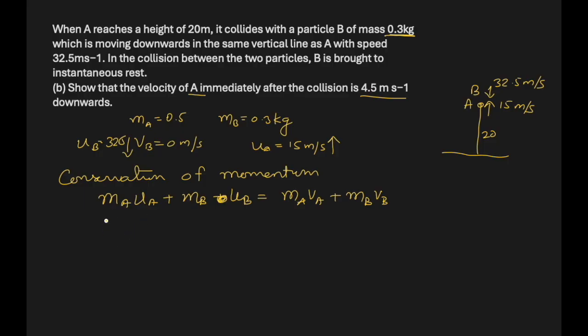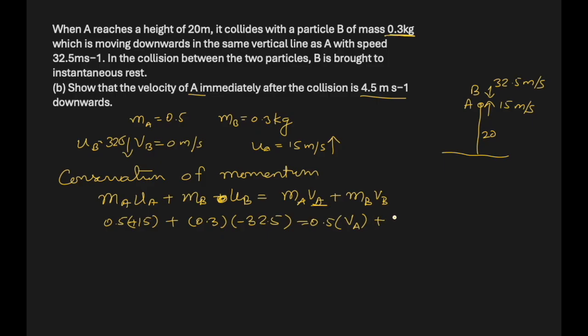So MA 0.5 times 15, it is going 15 upwards. So I'm taking upwards positive, keep in mind. Plus 0.3, but this is going down at 32.5 meters per second speed, equal to mass 0.5 times the velocity of A, which is being asked. We have to show that it is 4.5, so we can't use it.